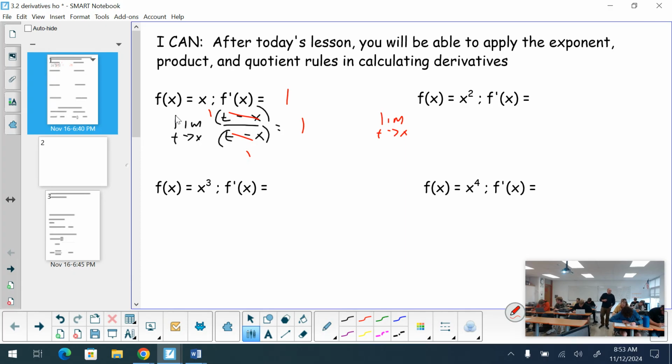On top you have t squared minus x squared. What would that factor to? Difference of perfect squares. Once again, as you go through the ideas of limits and derivatives, it taxes your algebraic skills.